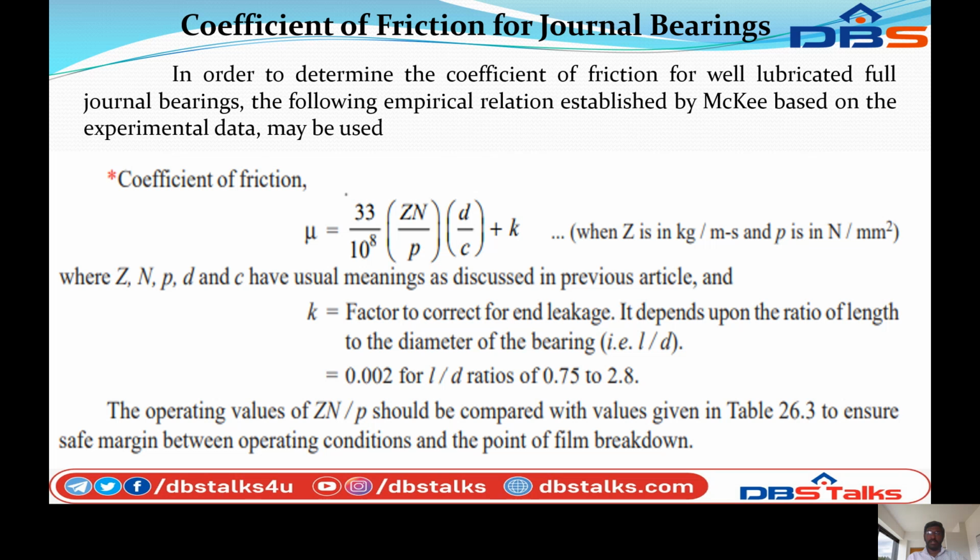It depends upon the ratio of the length to the diameter of the bearing, that is L by D. K is equal to 0.002 for L by D ratios of 0.75 to 2.8.